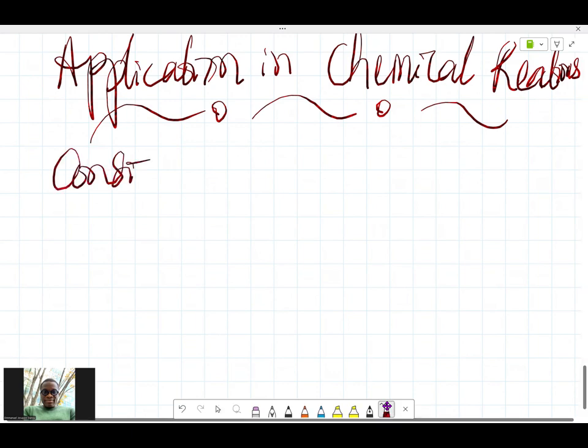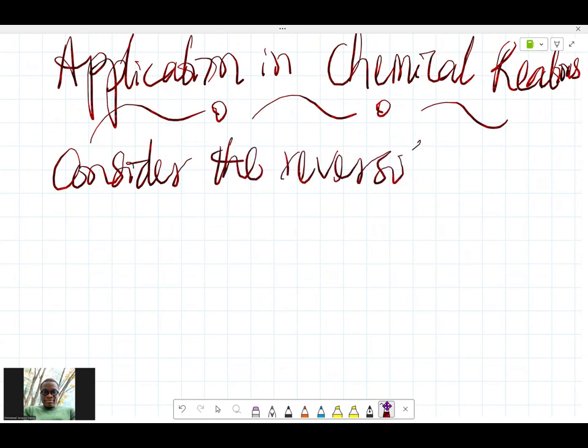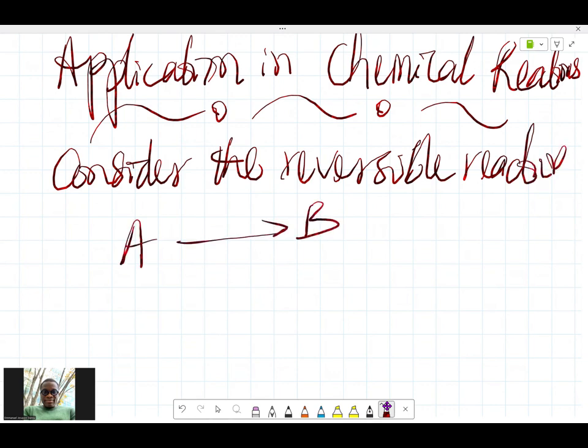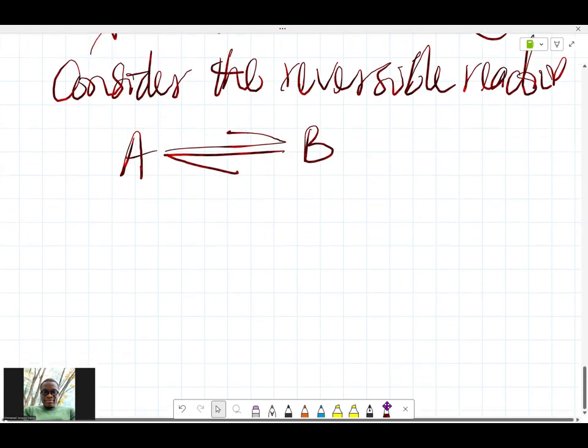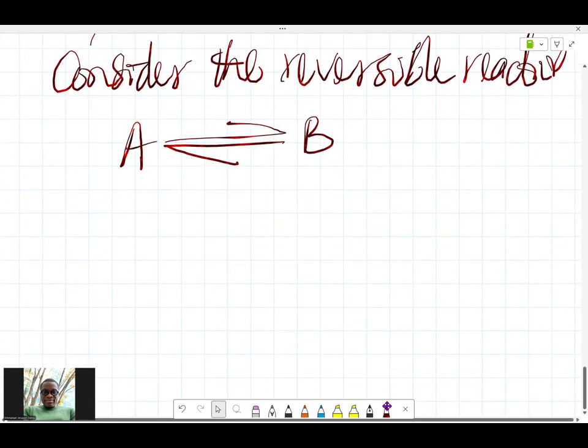Consider the reversible reaction: A goes to B and B returns to A. That's a reversible reaction.